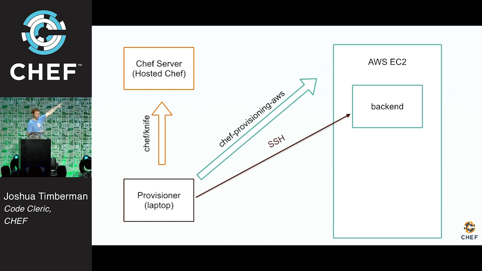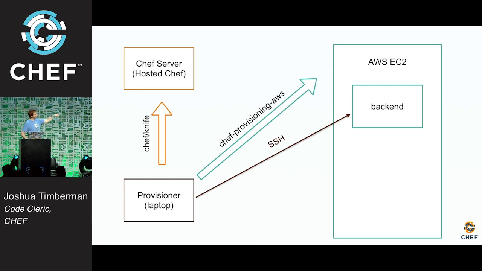The first one in my list was backend, so it spins up that M3 medium instance in EC2, and then my provisioner sits and waits until that's available via SSH. If you've used knife ec2 server create, this is a similar sort of thing, but it's automatically done within a Chef recipe.